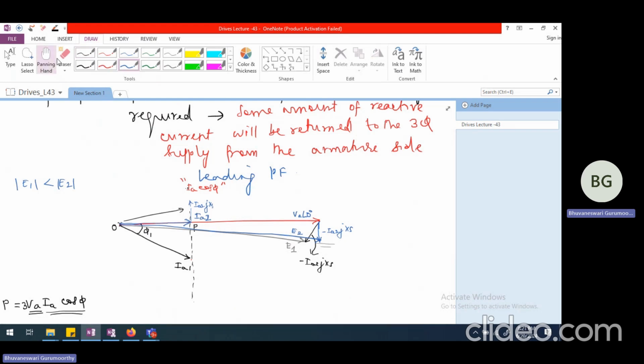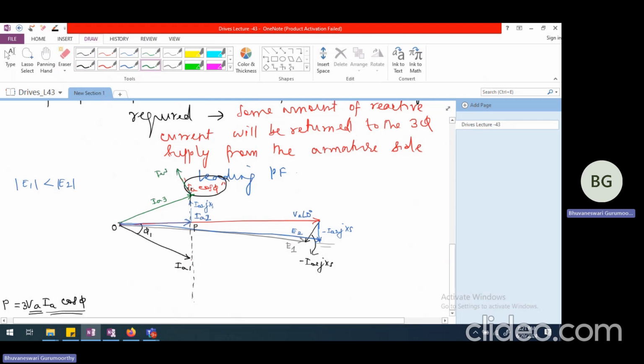Rather than that, if I am going to have a leading power factor current, let me take a leading power factor current. So this is IA3. Even in this particular case, IA cos phi is still a constant. If this is IA3, IA3 times JXS will be somewhat like this.